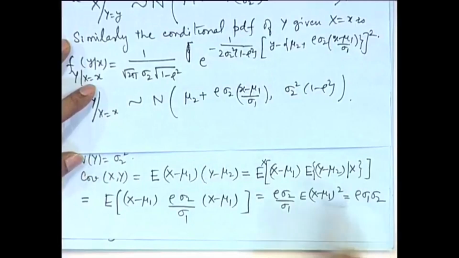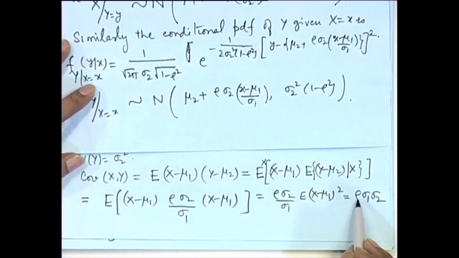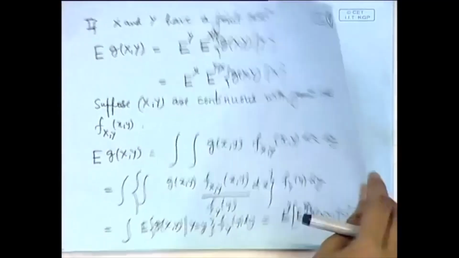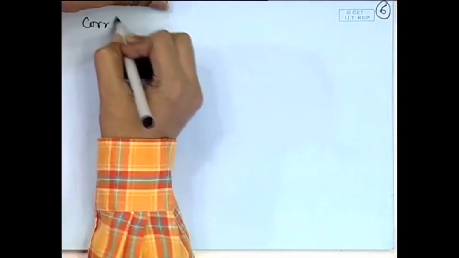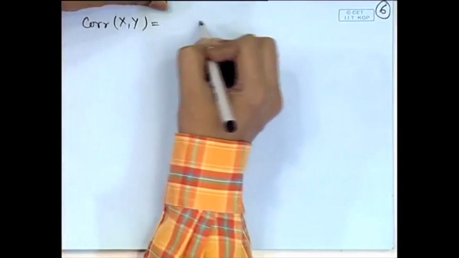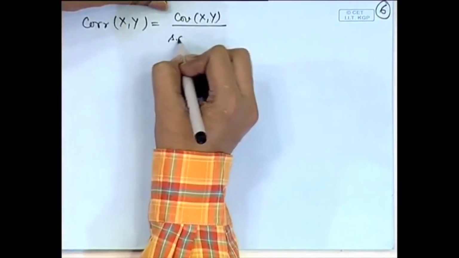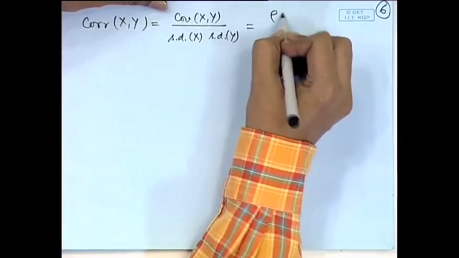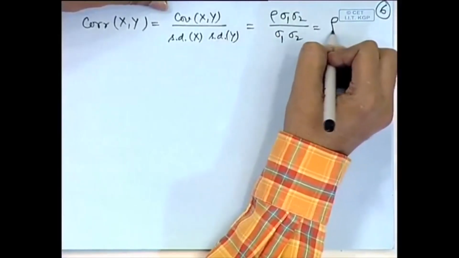So, we conclude that the covariance of x and y in a bivariate normal distribution is given by rho sigma 1 sigma 2. Therefore, we can calculate the coefficient of correlation between x and y as the covariance between x and y divided by the standard deviation of x times the standard deviation of y, that is rho sigma 1 sigma 2 by sigma 1 sigma 2, which is equal to rho.